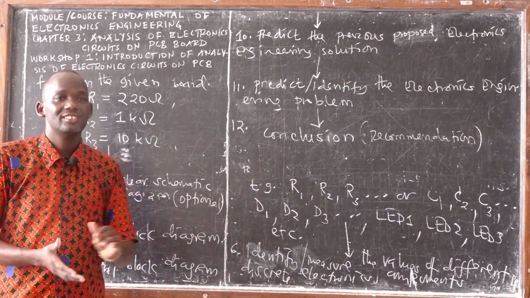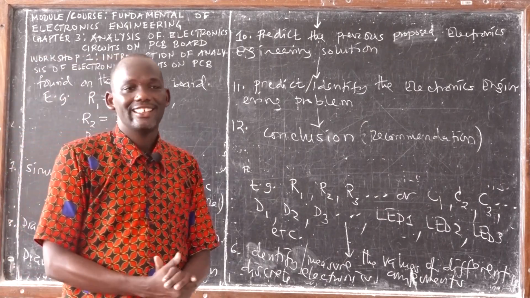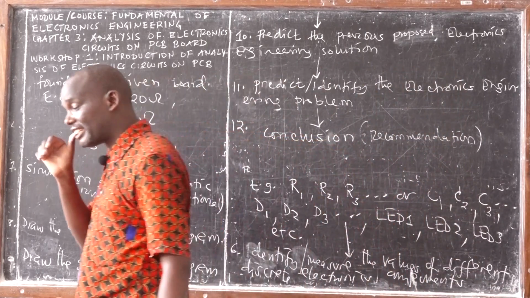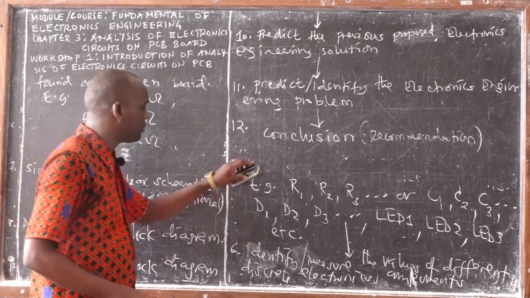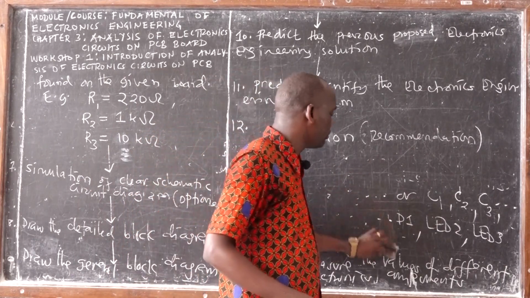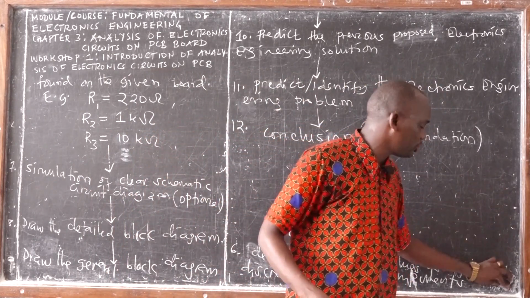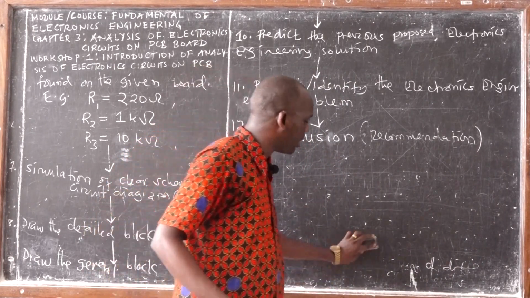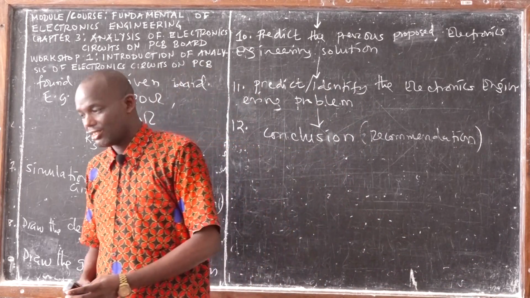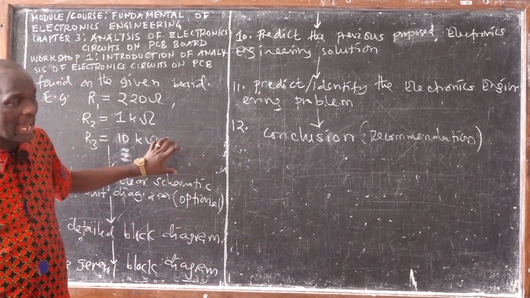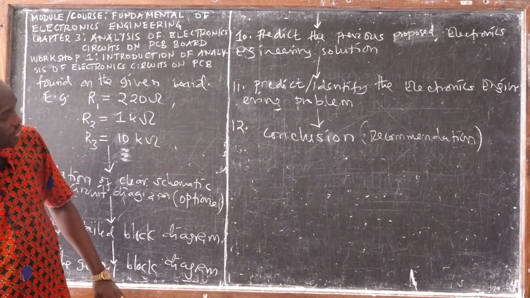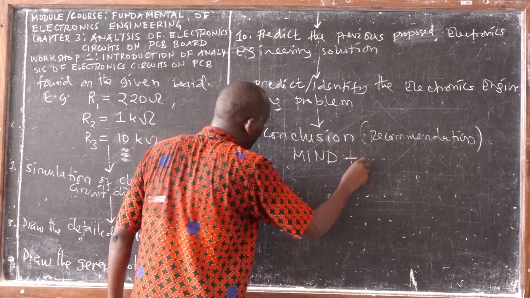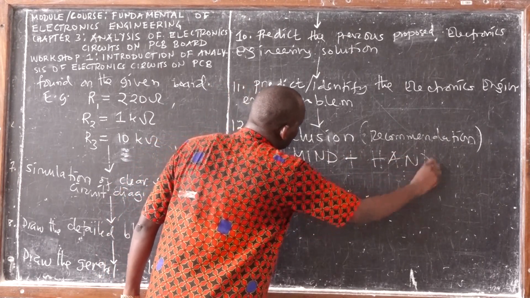Did you enjoy? Have you understood? Okay, so the next step is workshop number 2, where we are going to put in practice all the 11 or 12 steps. This is the mind, because this is what I always believe, and this is my policy: mind and hands.